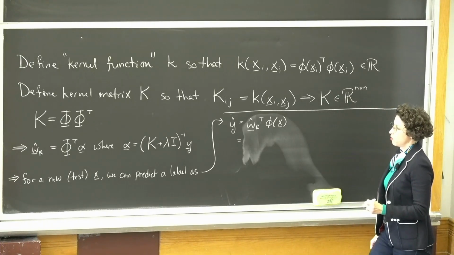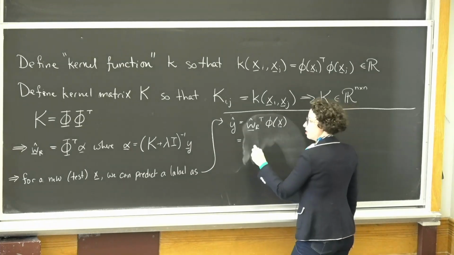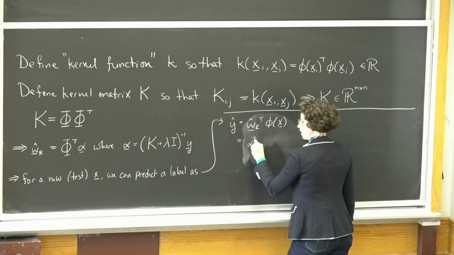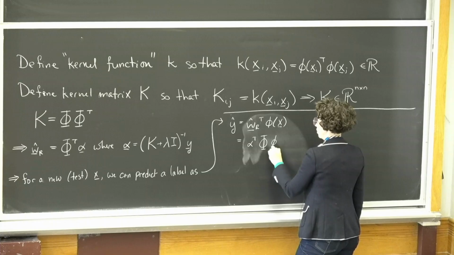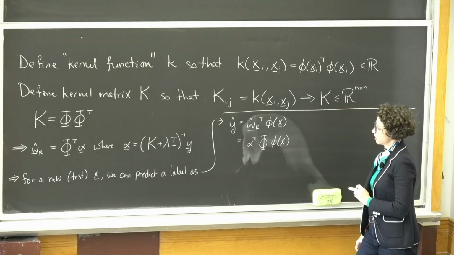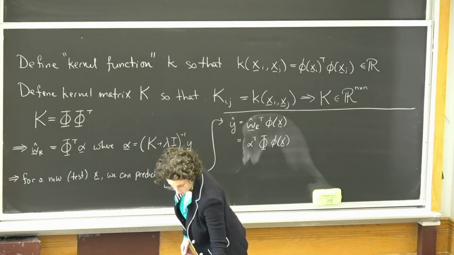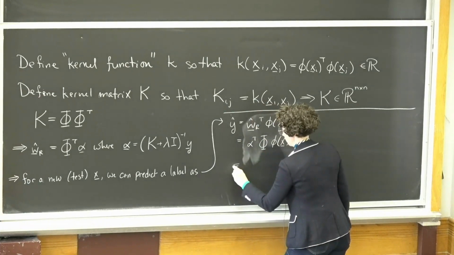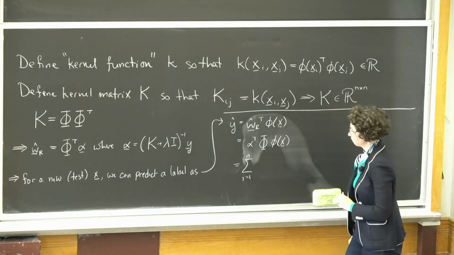Now what I'm going to do is plug in my expression for w hat r. So this is going to be alpha transpose times capital Phi times little phi of my new x. And if I think about what that means, that is equivalent to looking at the sum over all of my training samples.